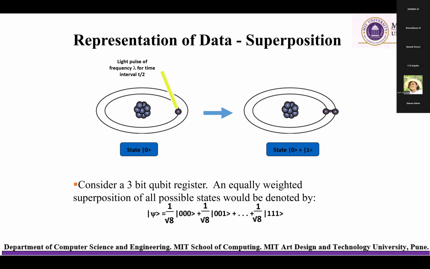This means that before measurement, each possible combination of 3 bits is represented with an equal probability. The system exists simultaneously in all states. Upon measurement, the system collapses into one of the 8 possible states with the corresponding probability based on the coefficients of the superposition.